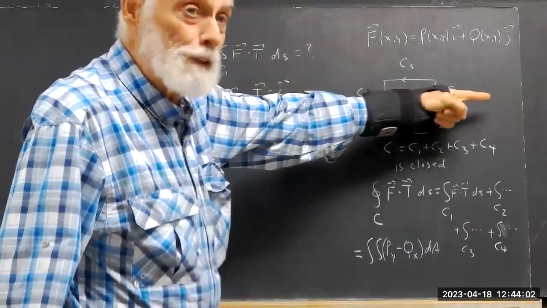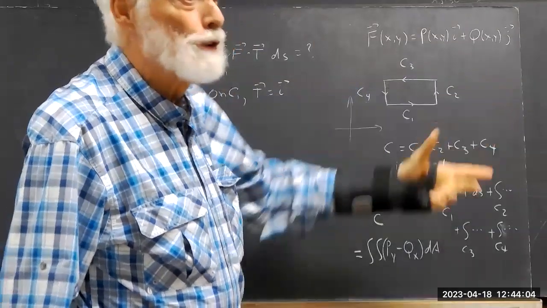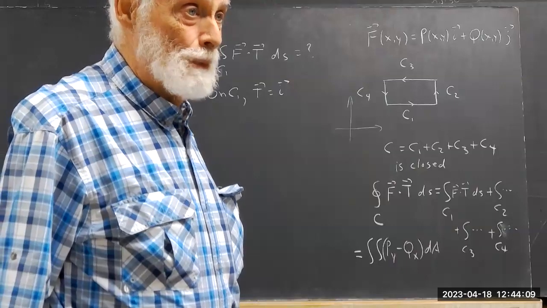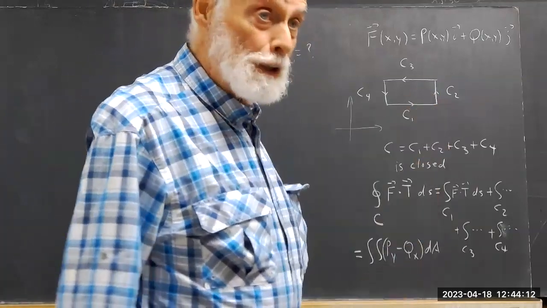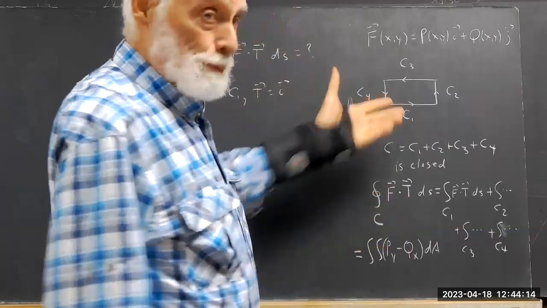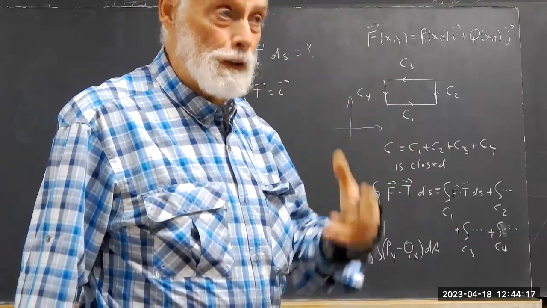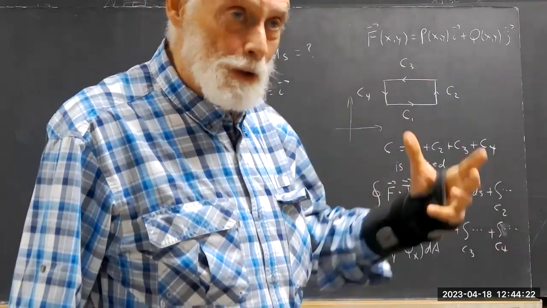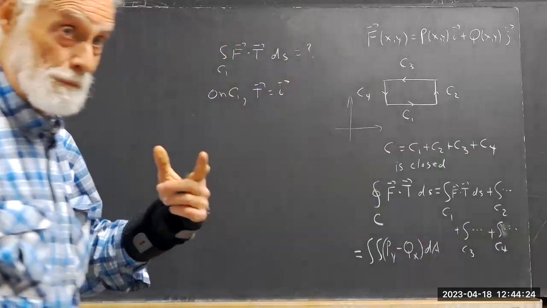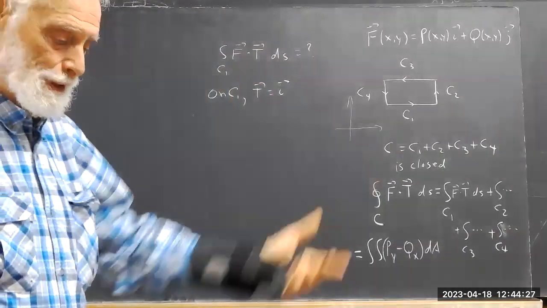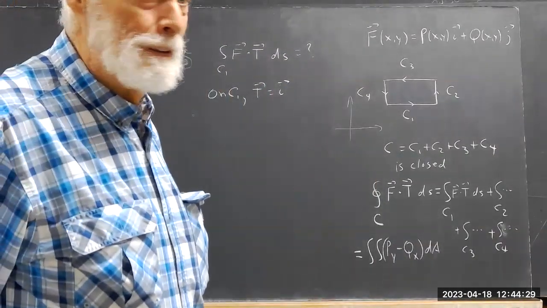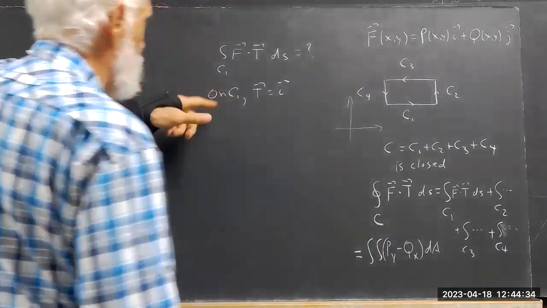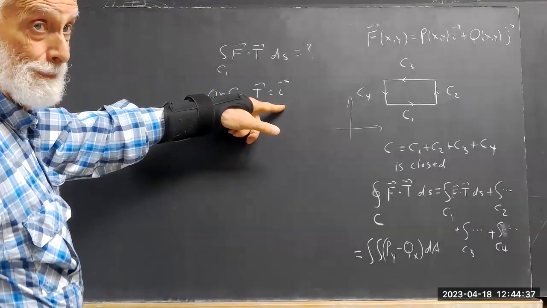It's in the x direction. What's a unit vector in the x direction? i. And what's a unit vector in this direction? j. So it's really simple. That makes things very simple, because then you can see the hard thing more easily. There's a hard thing involved, but not that hard if you understand the definition of derivative. And I think we do. So on C1, T is the i vector, it's obvious.